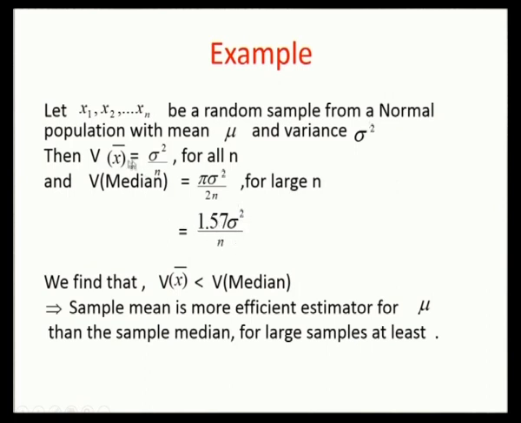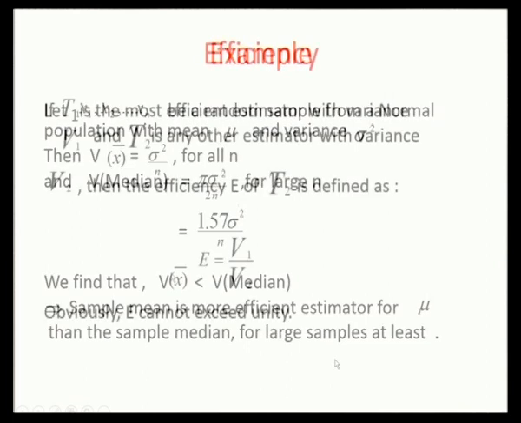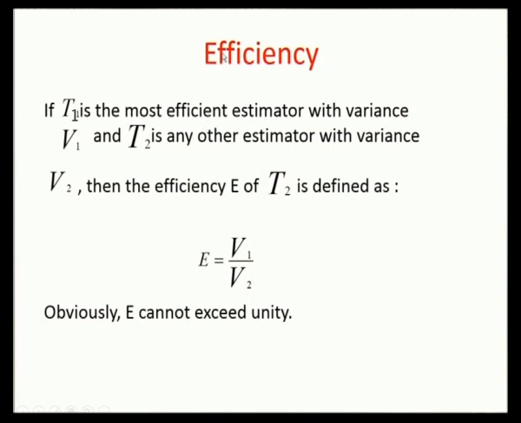Now just compare variance of x bar and variance of median. You find that variance of x bar is less than variance of median. Which means that sample mean is a more efficient estimator for mu than the sample median for large samples at least, which proves the definition of most efficient estimator, the one with a lesser variance. Let us define what is called efficiency.